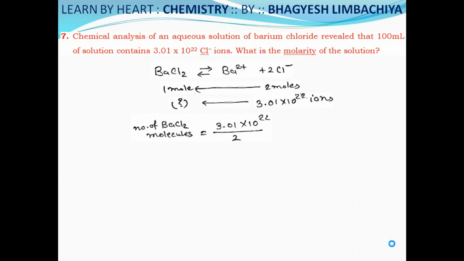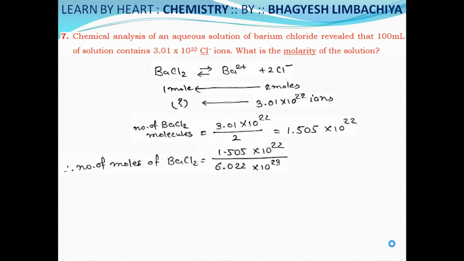So the number of moles of Cl minus will be double that of BaCl2, so the number of BaCl2 molecules will be half of the number of Cl minus ions, and here the number of moles is relative to the number of ions. So the number of BaCl2 molecules will be 1.505 into 10 raised to 22.